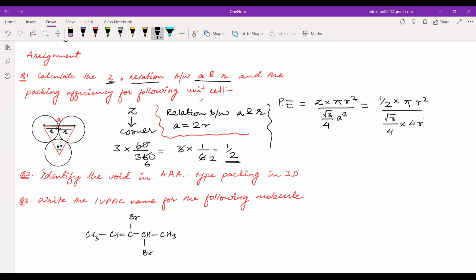So this will be 4R square. And then we can eliminate a few things: R square, 4 and 4. And what we will be getting is pi upon 2 root 3. This should be into 100 because it is packing efficiency. So tell me, what will this value be equal to?